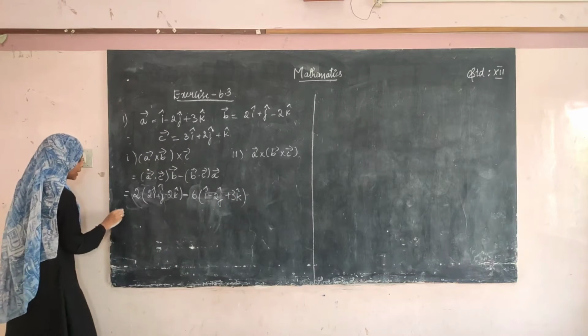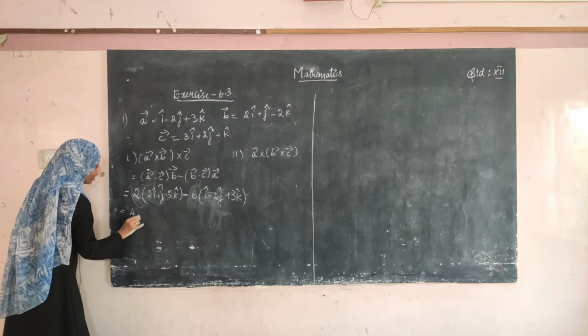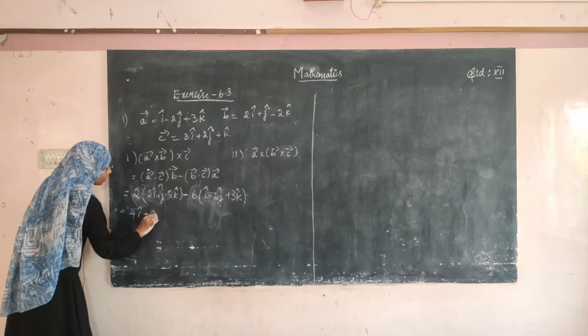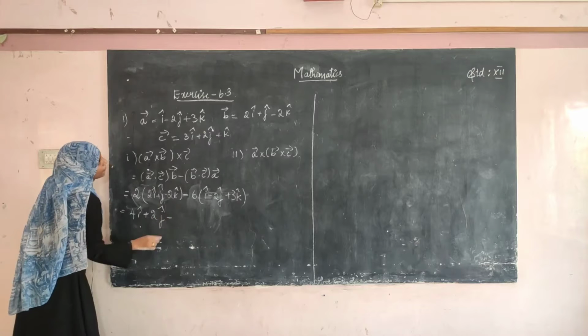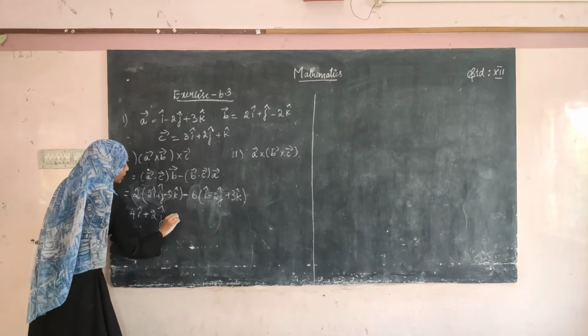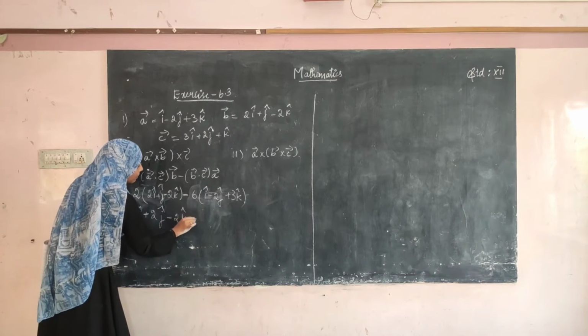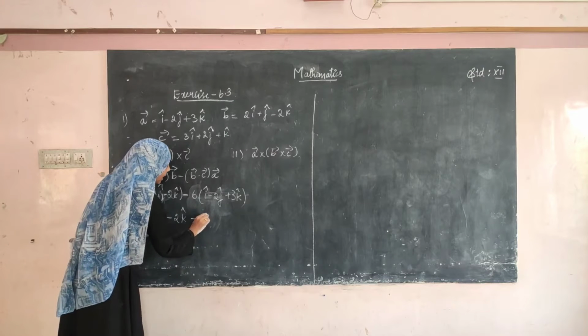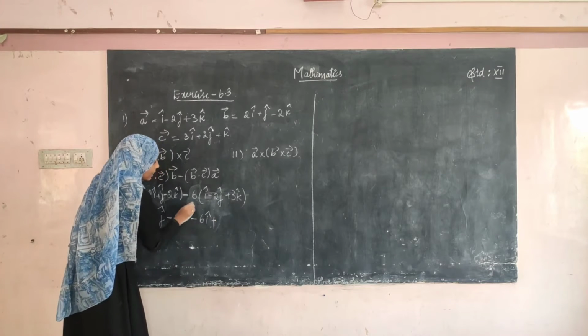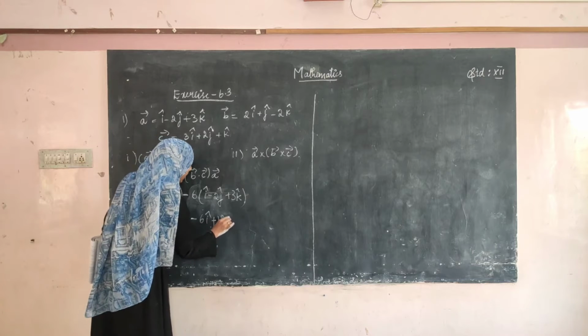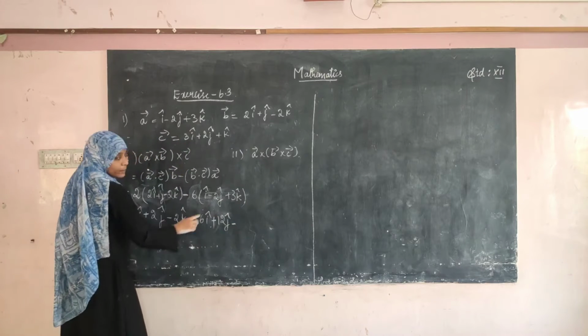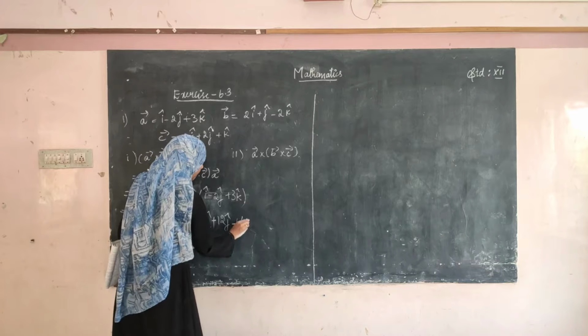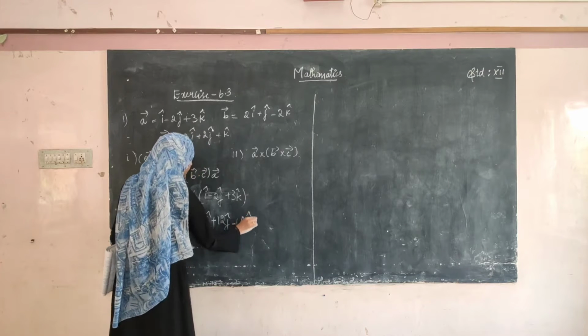So multiply this inside. This is 4I plus 2 j cap minus 2 k cap, minus 6 I cap, minus into minus plus 6 into 2 is 12 j cap, minus into plus minus 6 into 3 is 18 k cap.